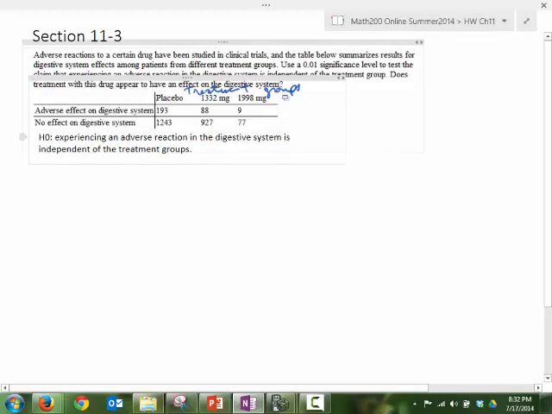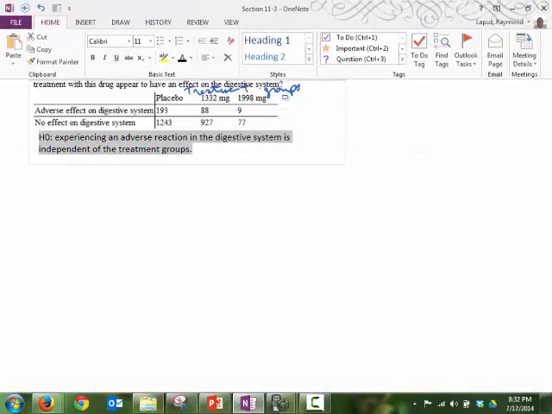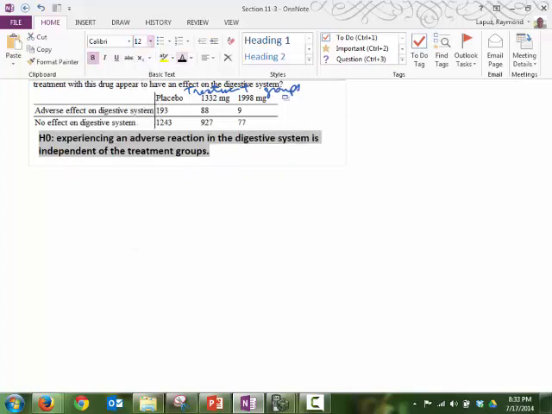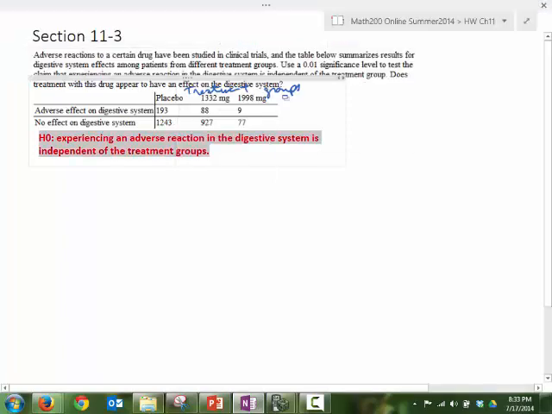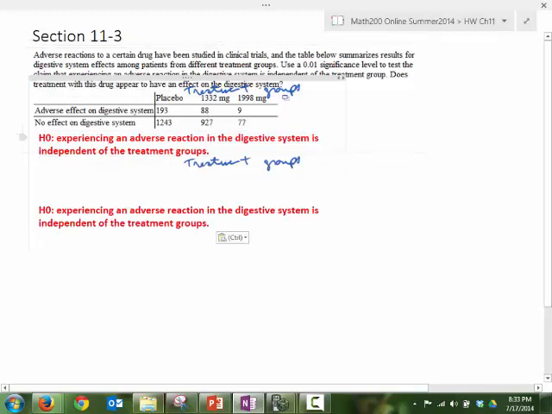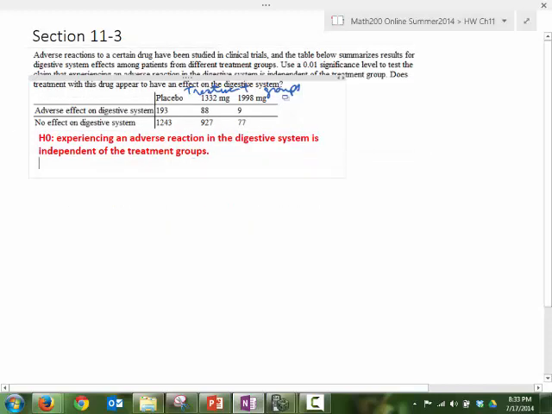Figured it's easier to read, right? And it's typed up instead of my crappy handwriting. So your H1 would be that basically they're dependent.